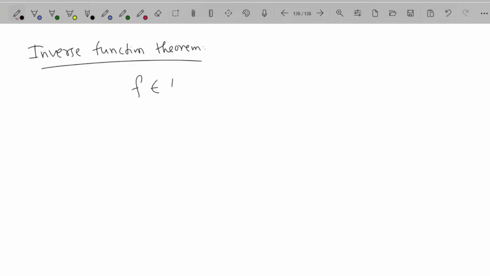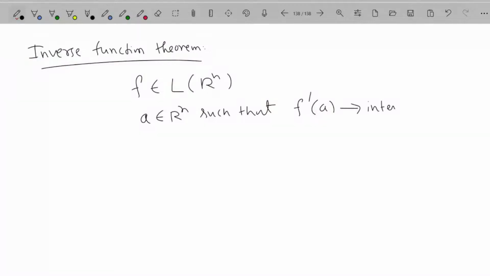So F is a linear mapping. Then let's say we have a point A belonging to Rn such that F dash A exists and F dash A is invertible.